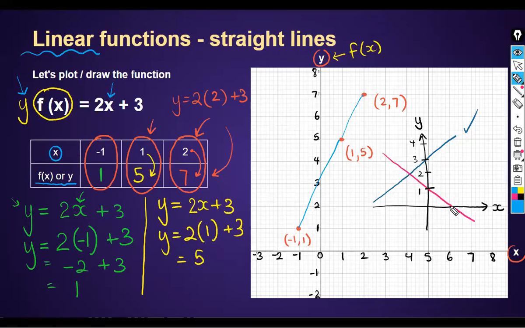Does the pink line slice the y-axis at the same position as the blue line? The answer is no. The pink line is slicing the y-axis at +1, and the blue line is slicing the y-axis at 3.